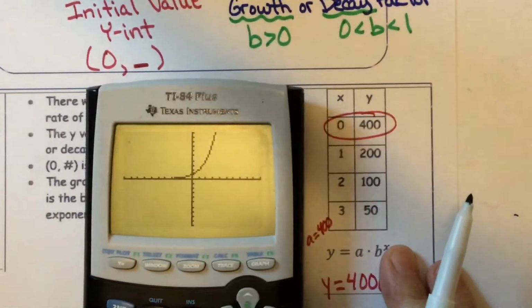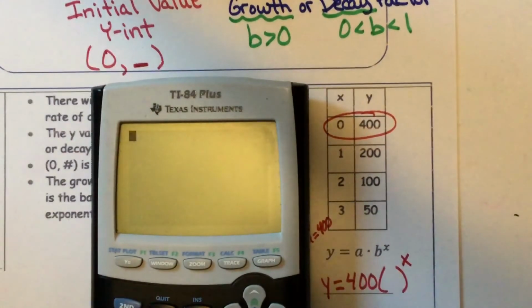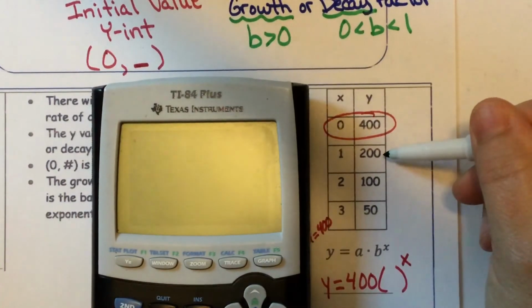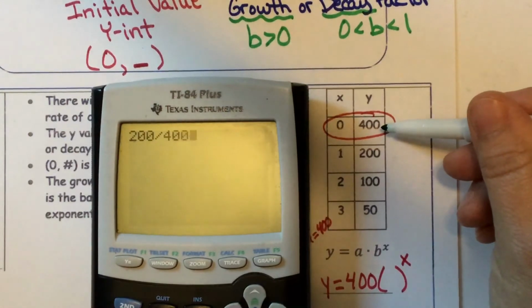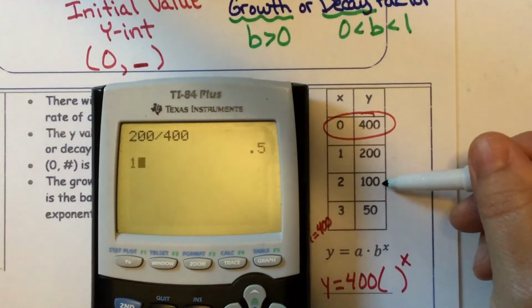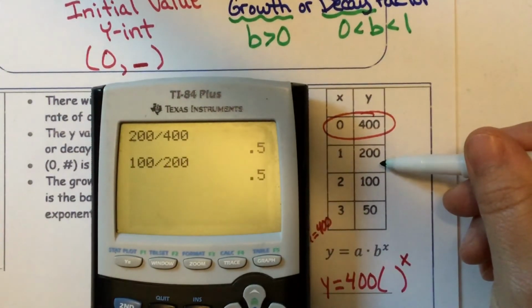So I wanted to practice what happens when you can't real easily figure out what they're multiplying by. If you can't tell what the y's are multiplying by, take the second y and divide by the one above it, and you get 0.5. Let's try it again. Take this y, 100, and divide by the one above it, and you get 0.5.